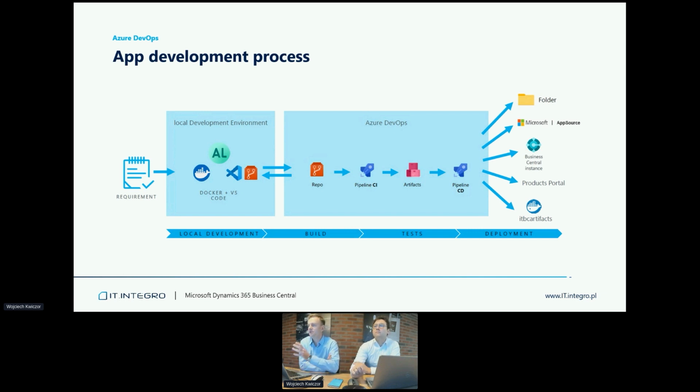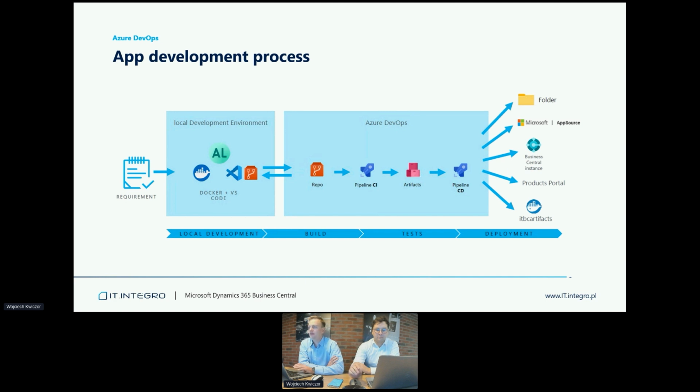Yeah. So when this is done, the change will be pushed to a central repository. There we will make the code review and make sure everything is correct. Then we can start releasing the new version of the application.